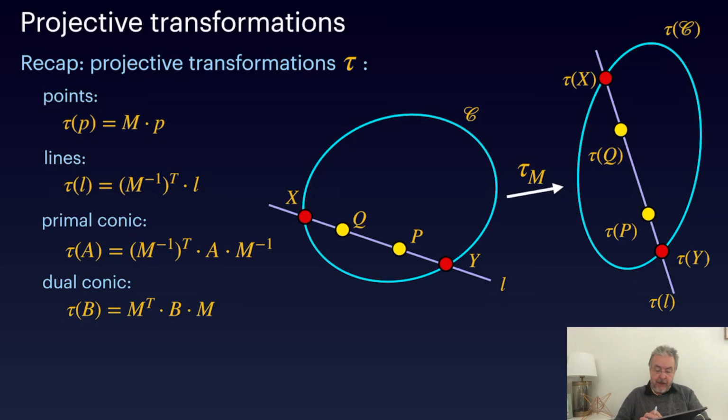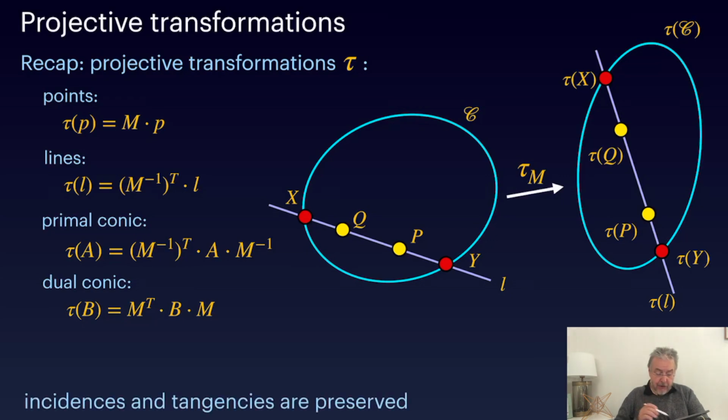I don't want to go into that point here. One more important point here, I simply want to stress once more that the actions on the objects are defined in a way such that you always preserve incidences and tangencies, which were our fundamental projective properties.